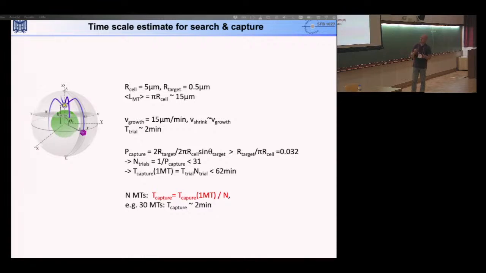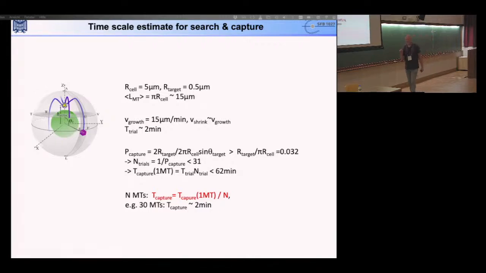That means they can either grow until they hit the membrane and go around like this, or hit the nucleus and go around like this. The longest path they have to go for an unsuccessful event is just to go around, and typically then they start to shrink again.